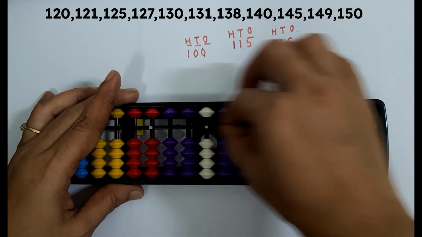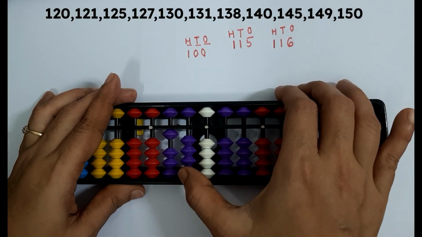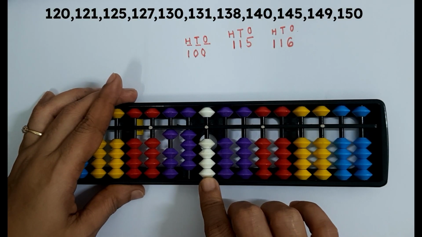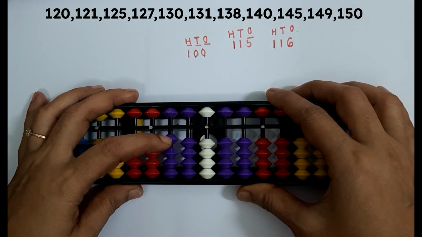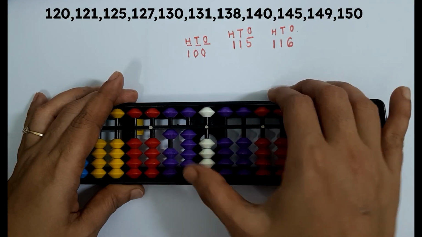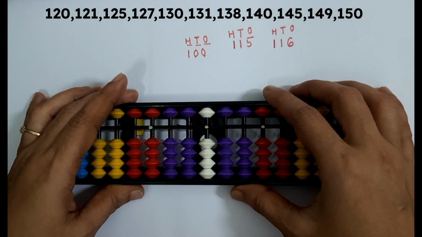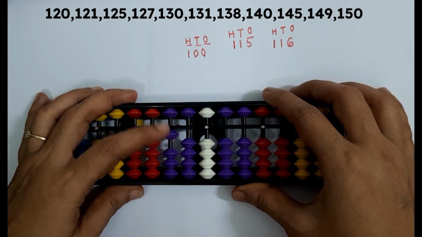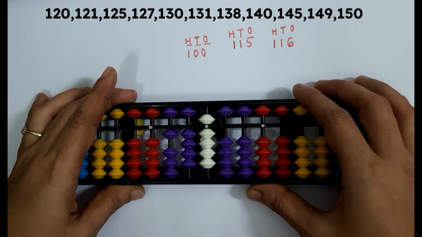Next is 140. 1 at hundreds place, 4 at tens place and 0 at ones place. Next 145. 1 at hundreds place, 4 at tens place and 5 at ones place. Next 149. 1 at hundreds place, 4 at tens place and 9 at ones place.